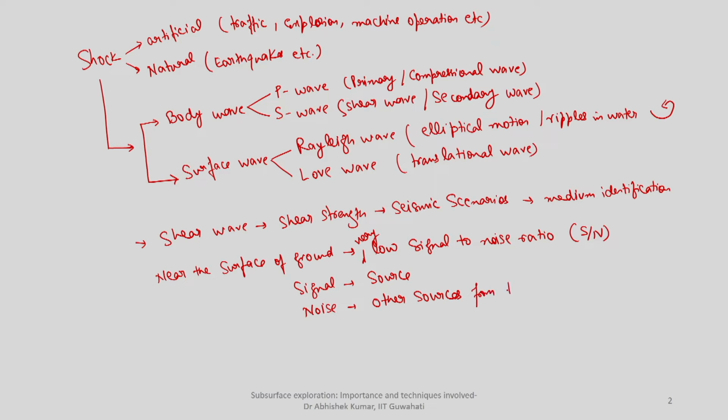When we want to interpret the shallower subsurface medium, maybe the top 50 meters depth, and determine the medium type, if we go with primary wave or body wave based interpretation, you will mostly end up with a low signal to noise ratio, and you will face problems in the analysis.